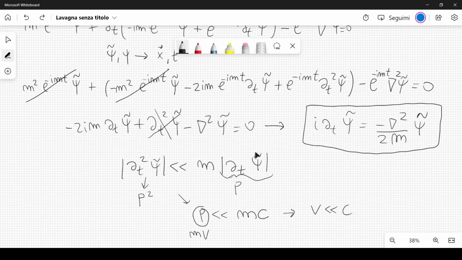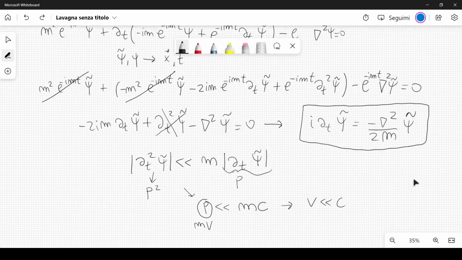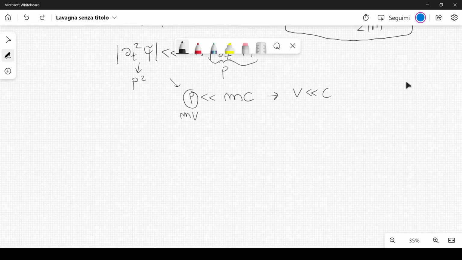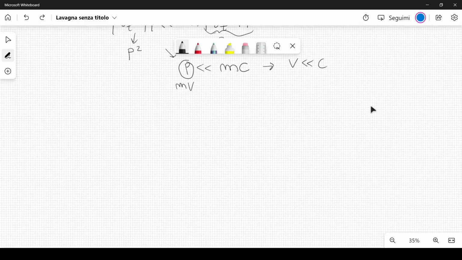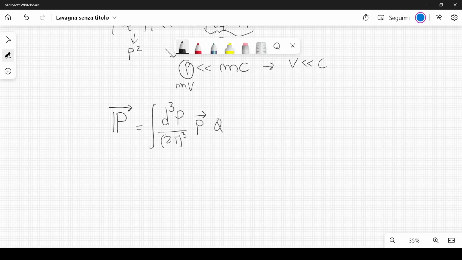So how do we go back to quantum mechanics? It's not too complicated, but there are some calculations to be done, and I would like to go through the procedure with you. So try to follow me. First, I'm going to define a vector operator, so I'm going to put this arrow here to denote the fact that this is a vector, and I'm going to define it like this: integral d3p, so we are integrating in momentum space, divided by 2 pi cubed, and then here we have the 3-momentum p, and then I have ap dagger ap.